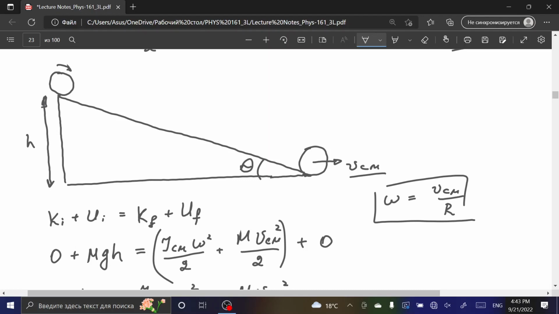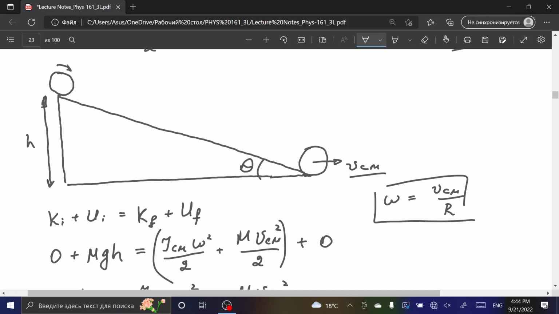In the second case, part of this potential energy went to rotational kinetic energy, and only part actually resulted in translational kinetic energy. This means that the velocity of the center of mass of this rolling object will always be smaller than the velocity of the center of mass of such a sliding block.